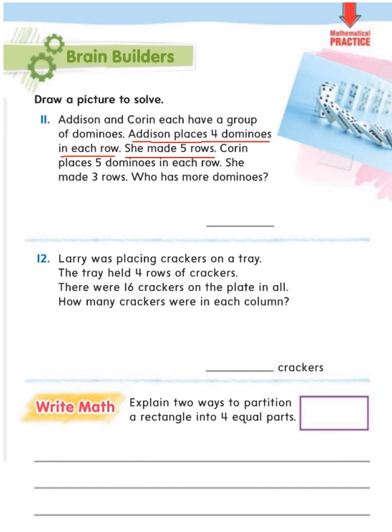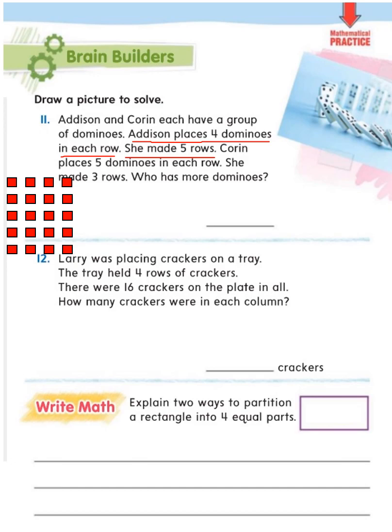Let's stop there for a moment. Addison places 4 dominoes in each row, and she made 5 rows. That's 1 row, 2, 3, 4 dominoes in that row. That's 2 rows. That's 3 rows. That's 4 rows. That's 5 rows. Okay, let's go back to our word problem.